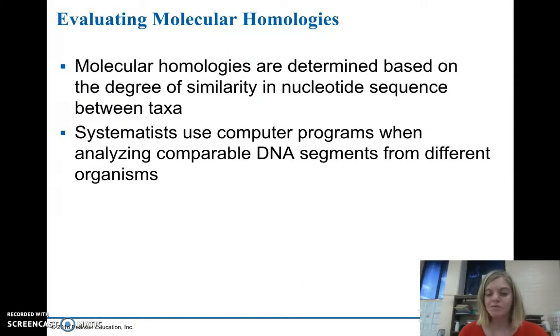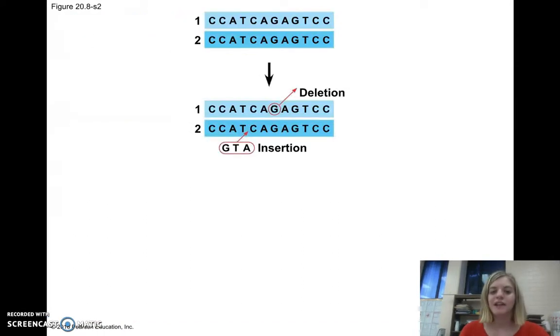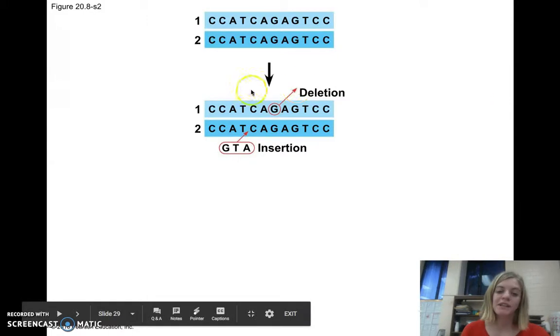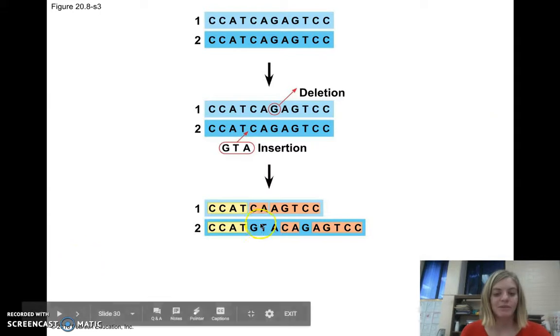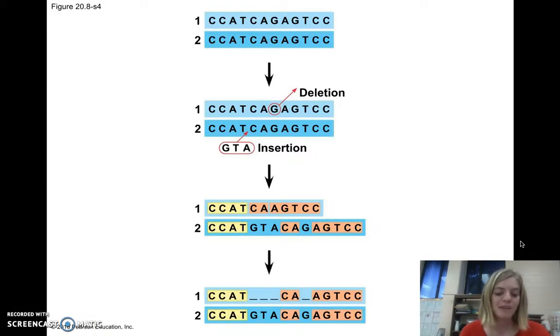Initially this can be very challenging because, as you can imagine, a simple deletion or an insertion, for example, might cause a shift in the reading frame. However, in these computer programs, scientists are able to line up DNA sequences and determine where insertions and deletions have happened.